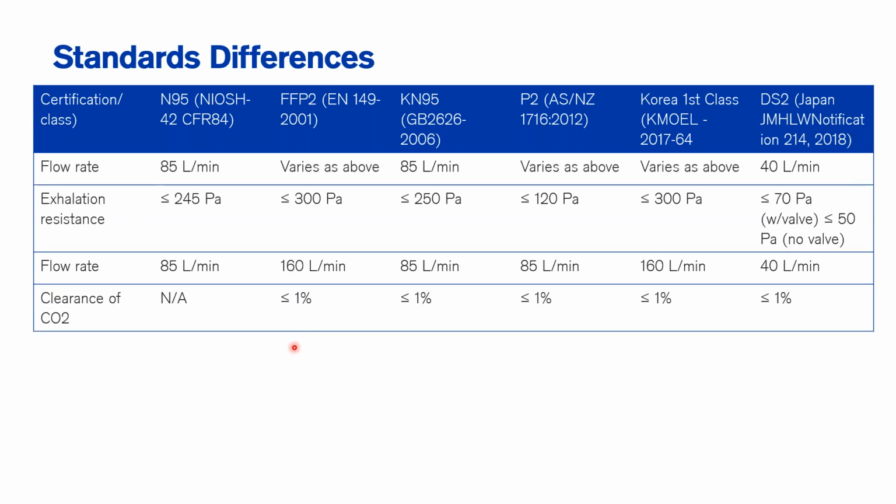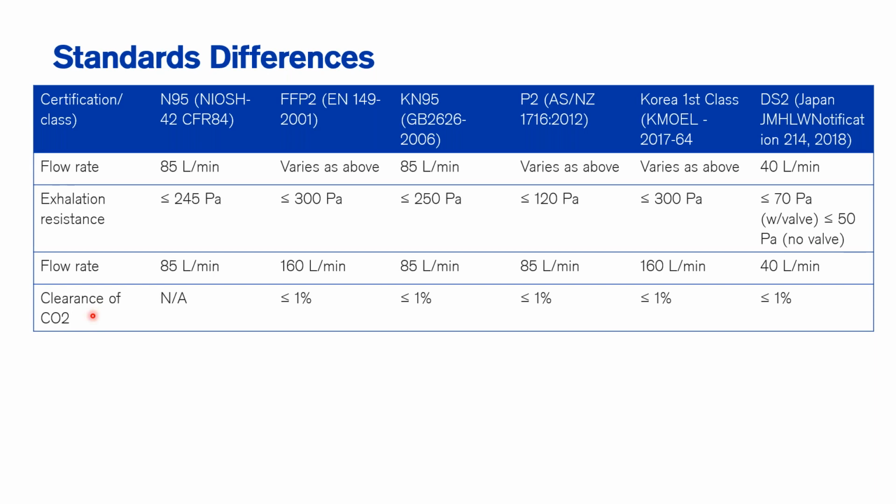So for exhalation resistance, one of the key things that I usually recommend to customers is looking at the clearance of the CO2. As you can see just now from the basic principle of breathing, we're breathing normal air, and there's CO2 dispersed out from the combustion of the O2.